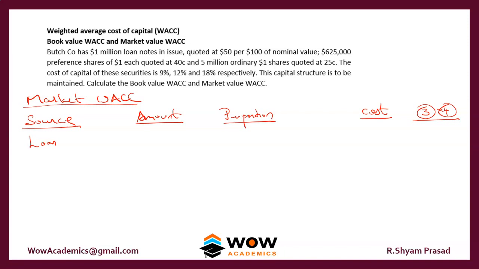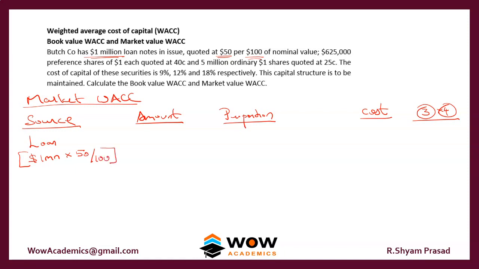So loan, if you look here, is a 1 million loan note, but this is nominal value. The nominal value is 100, but the market value is 50. So we have to convert this. We work it out here: we have a 1 million loan note, each of which is quoted at 50, but the nominal value is 100.